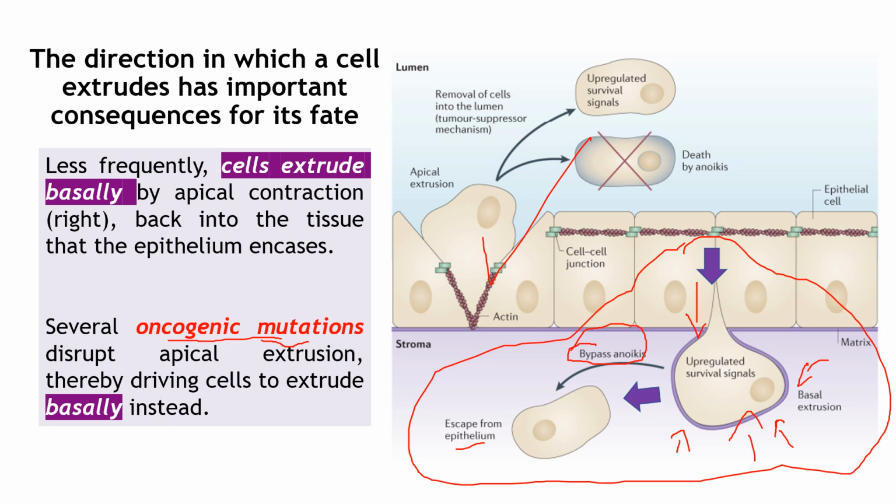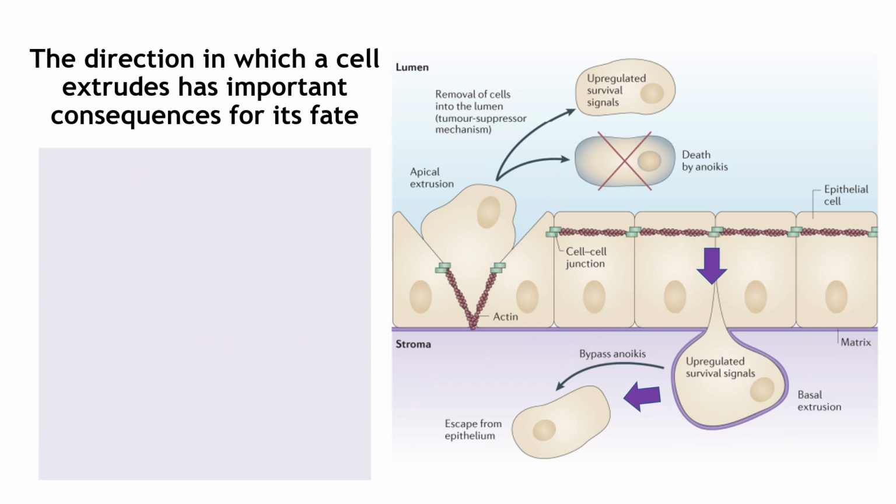And using this, they can also propose what mechanisms that we normally see during cancer can be linked to this process of cell extrusion. In the previous case, if cells go to the lumen and have a mutation that upregulates survival signals, in the apical lumen they are going to die.